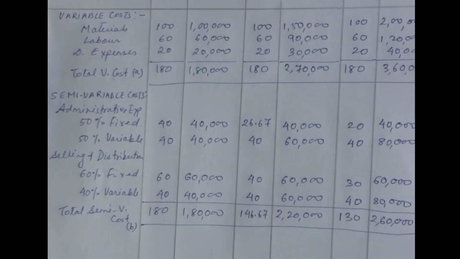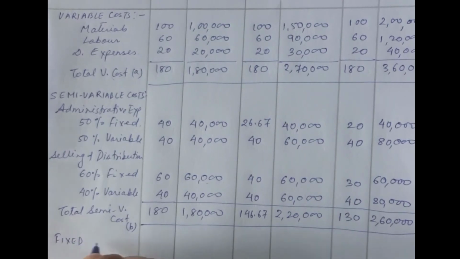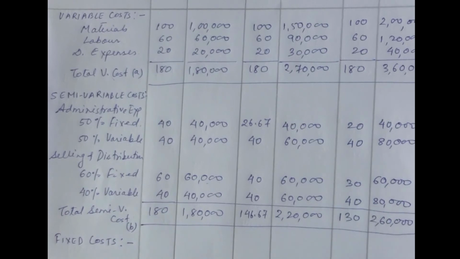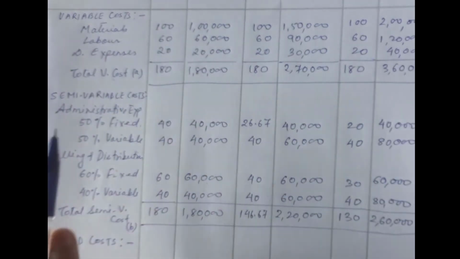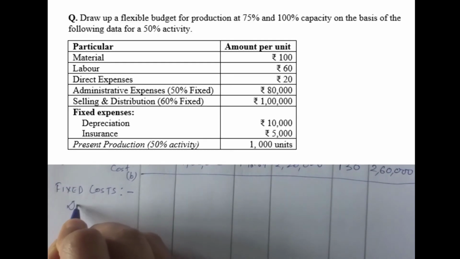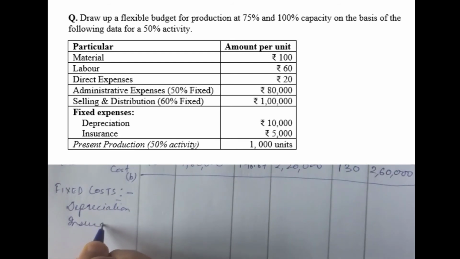Okay, after you put up as B, next is fixed cost or fixed expenses. Okay. First the category was variable cost, next was semi-variable cost, next is fixed cost. Now under fixed cost we have two items, that is your depreciation and insurance.